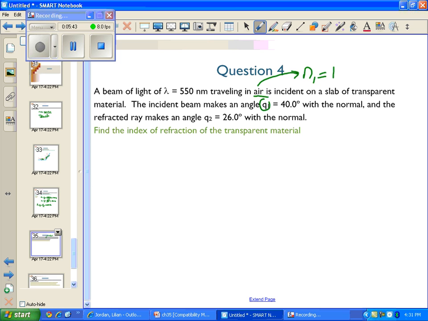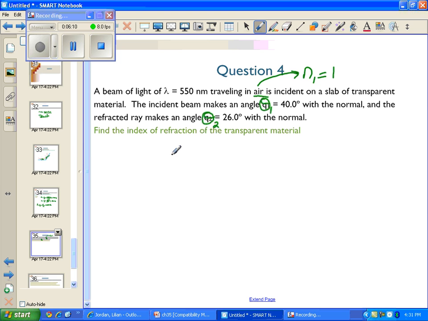Here Q is actually theta 1. Unfortunately, the software doesn't recognize Greek letters. So theta 1 is 40 degrees with the normal. Theta 2, the refracted ray, makes an angle of 26 degrees with the normal. And we're asked to determine the index of refraction of the transparent material.